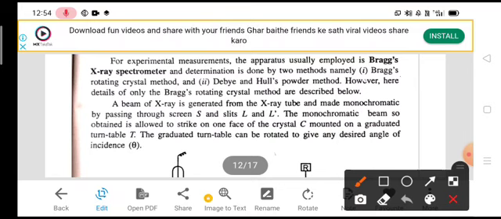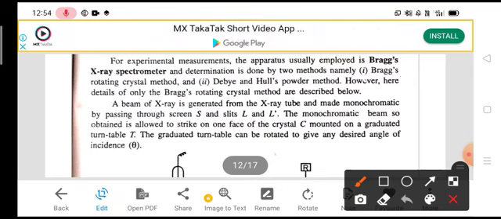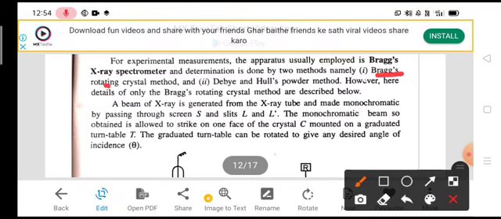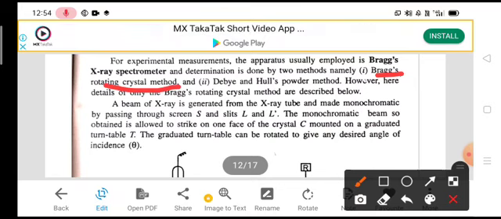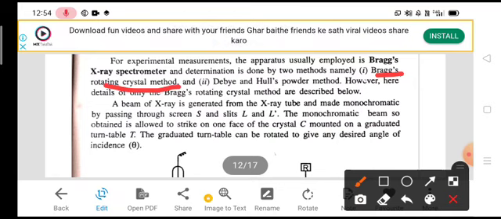So in today's class I want to explain Bragg's rotating crystal method. This is very important from the examination point of view. So I want to briefly explain Bragg's rotating crystal method for the determination of crystal structure.